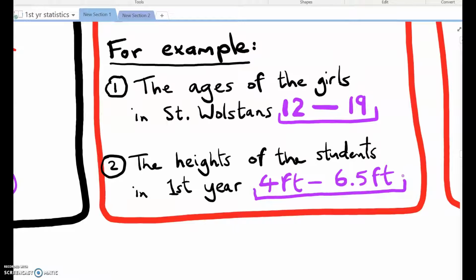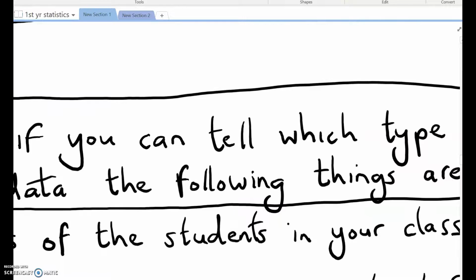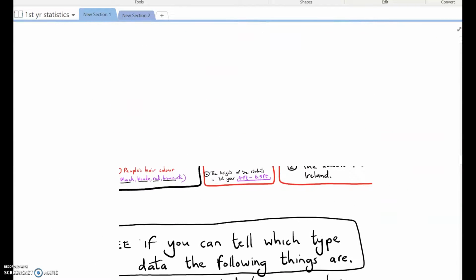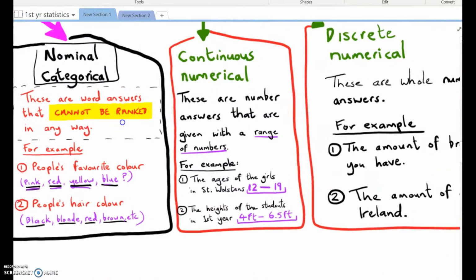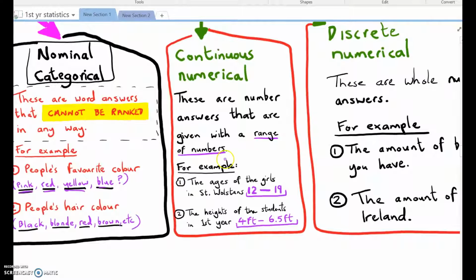Now, maybe there are, but only slightly. So the answers are found somewhere in there. So this is an example of continuous numerical data. It falls within a range of numbers. Okay?